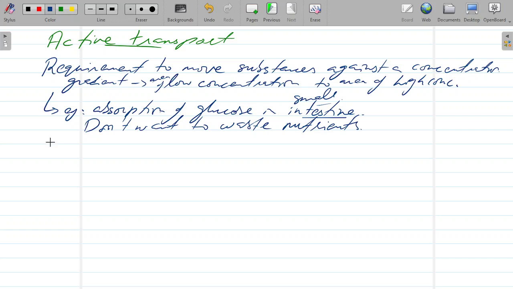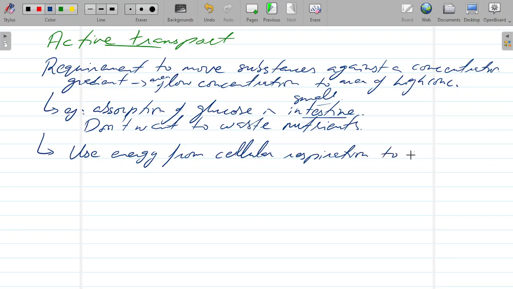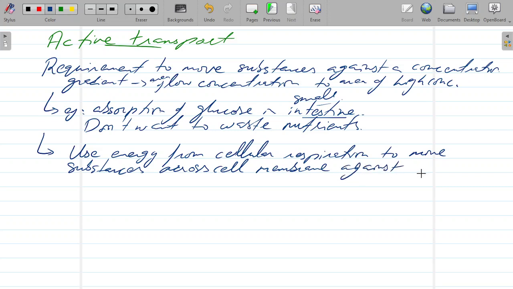And so what the cells do is that they use energy from cellular respiration, and we'll talk about that in a later chapter, to move substances, in this case glucose, but others as well. So the substances can be molecules, they could be ions such as sodium ions, right, across the cell membrane, against the concentration gradient, right?